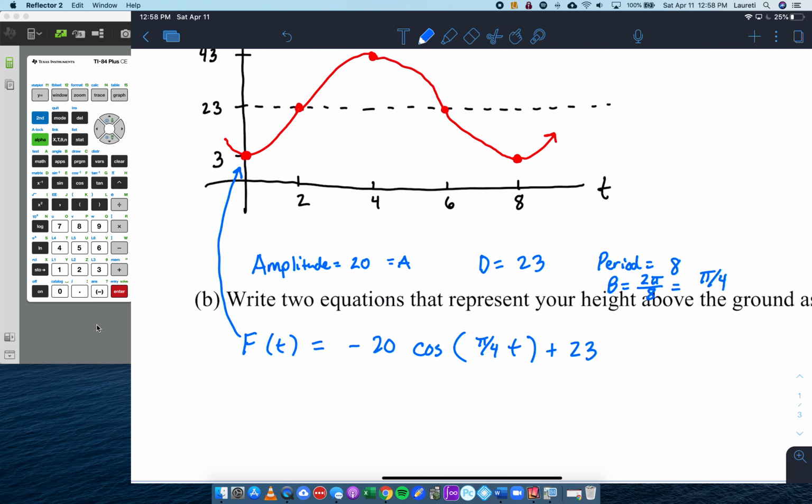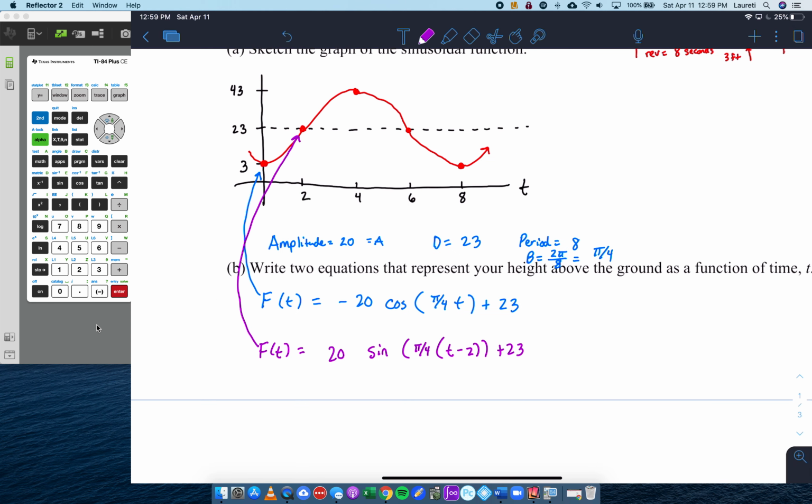And if I wrote a different equation, f of t, I could do 20 sine of pi over 4, and then the shift is 2 seconds, so t minus 2, plus 23. That would be referring to that point there. It just depends on the point that you pick to start.